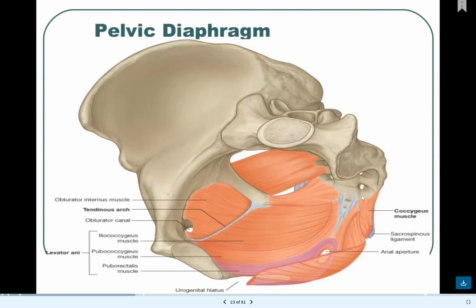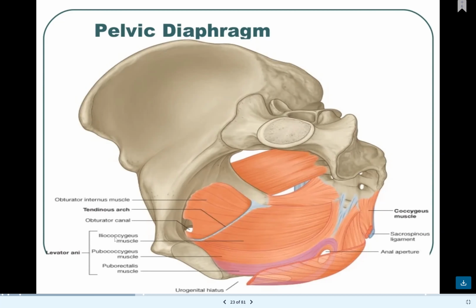And then we also have the puborectalis muscle, that means coming from the pubis and getting to the anus area. So that is this one, and this one will go to the coccyx. So these three muscles make up the levator ani muscle.